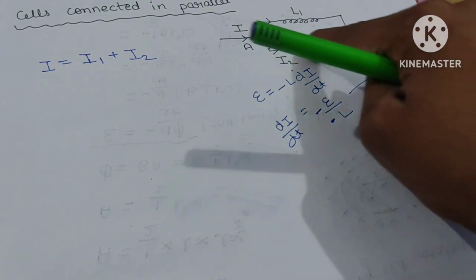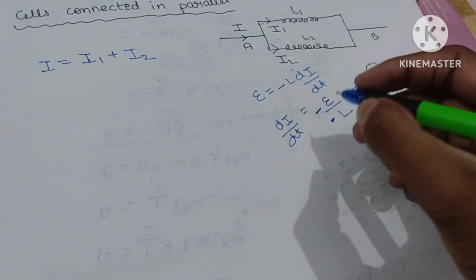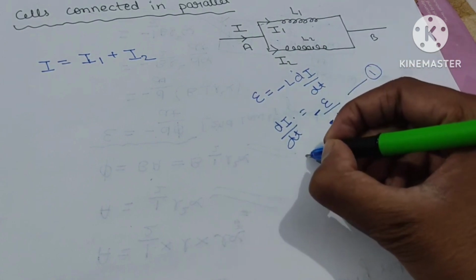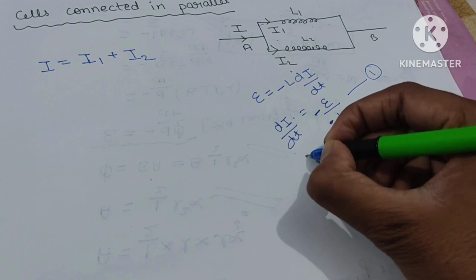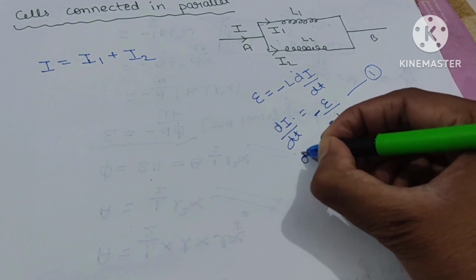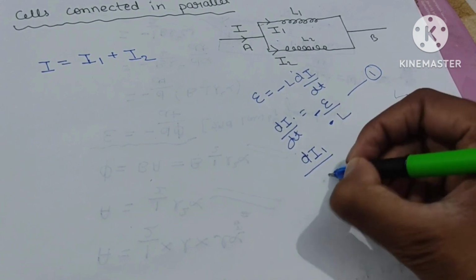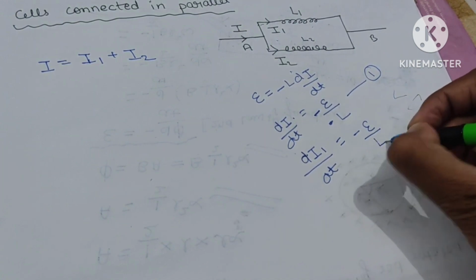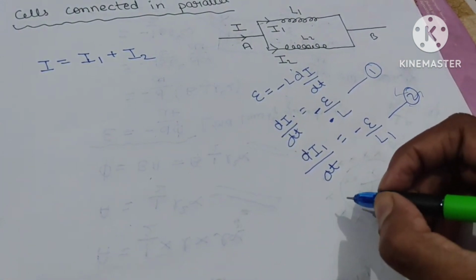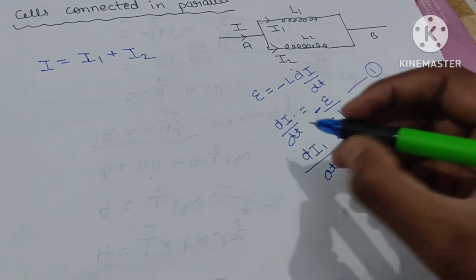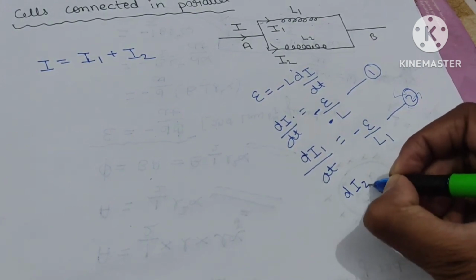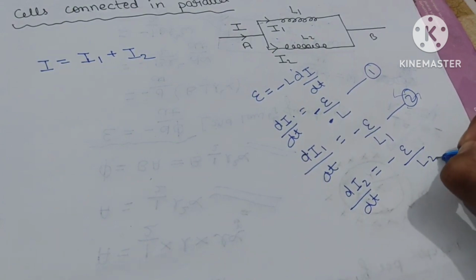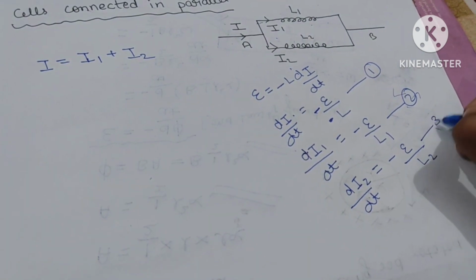For E1 and E2 we take them separately, with the current I. Taking di1/dt, it is equal to minus E by L1. Take it as equation 2. Similarly, di2/dt is equal to minus E by L2. This will be our third equation.